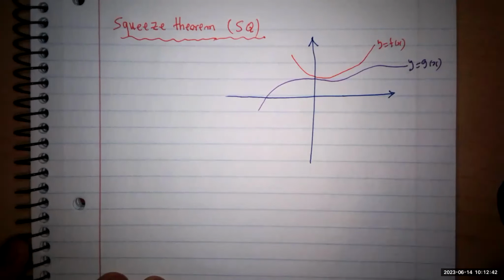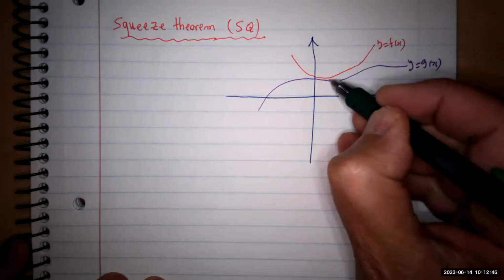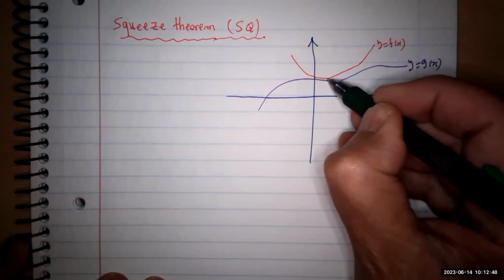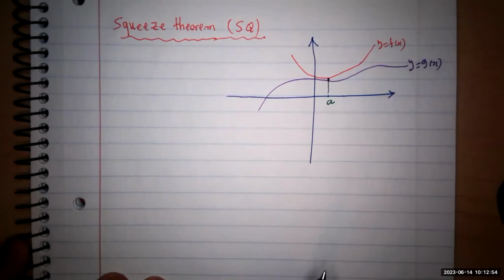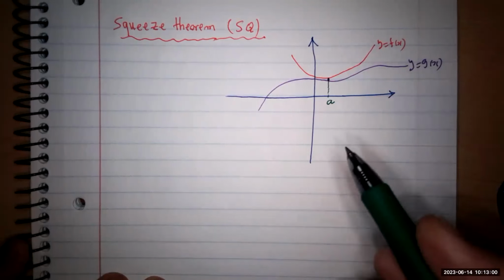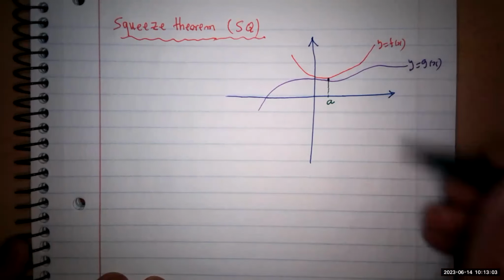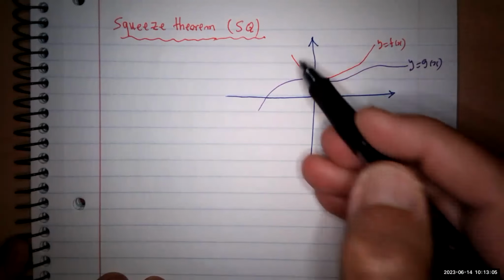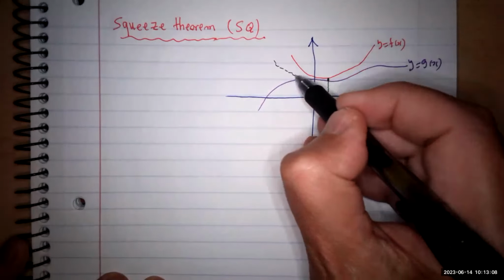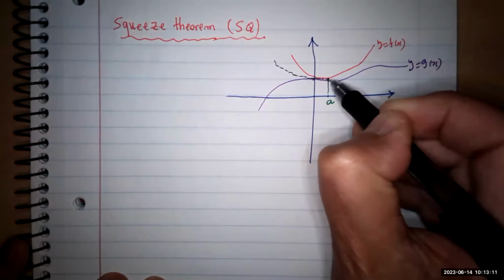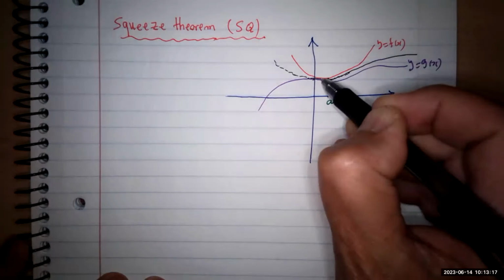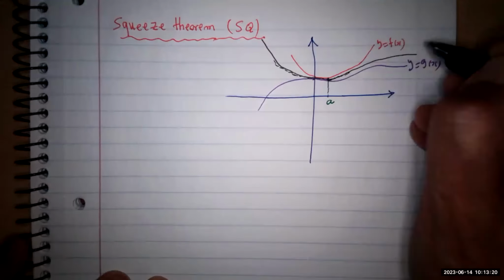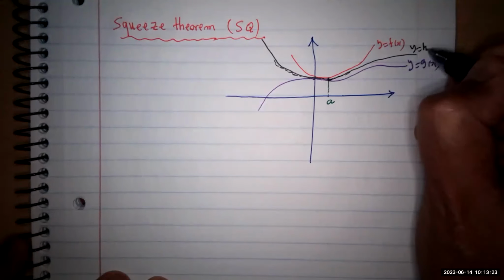And there is going to be a point close here. We call it the point A, if you like. And there is going to be another function we squeeze in between. This is going to be squeezed between these two. This is the one we call the h function, h of x.